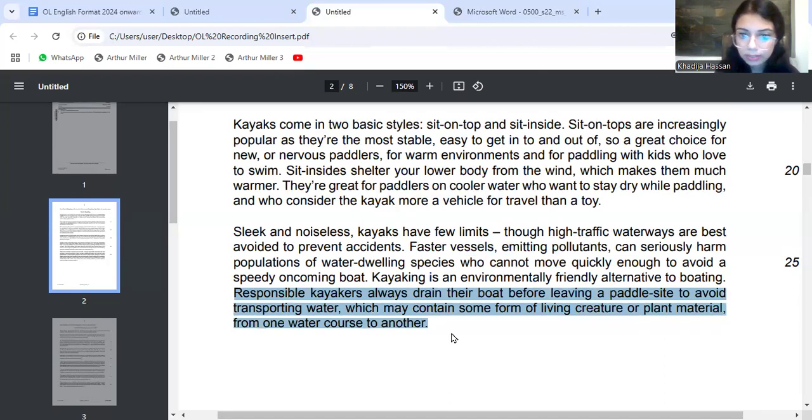So we identified the 3 points. The first one would be that they do not emit pollutants into the water. Hence, they do not hurt the creatures residing in the water who cannot escape speedy vehicles.